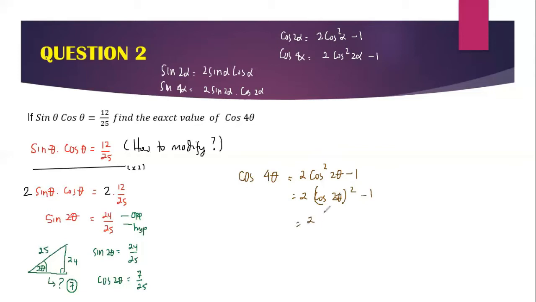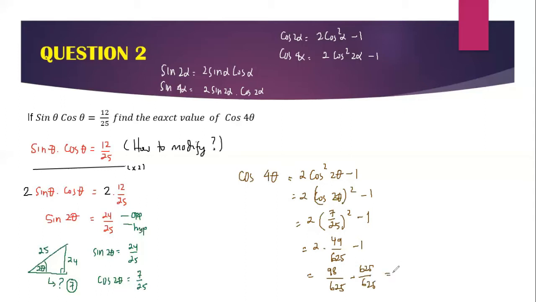So 2 times cosine 2 theta, 7 over 25 square, minus 1. So 2 times 49 over 625 minus 1, right? So equal, how many here? 98 over 625 minus, and then you have to modify this one, 625 over 625. Is it correct?